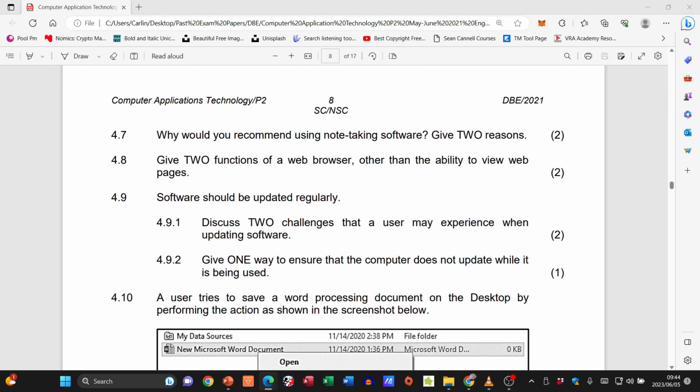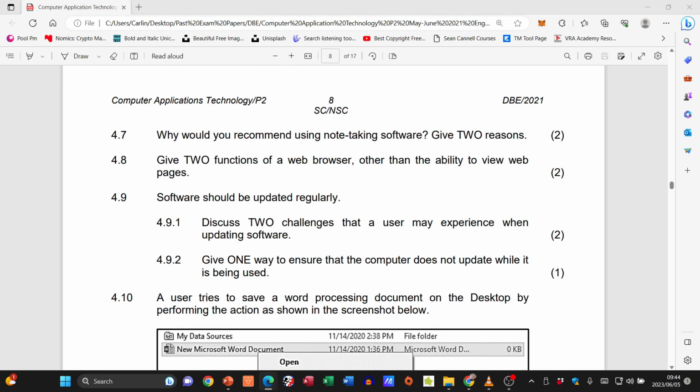Right, 4.9, software should be updated regularly. Just think of the apps on your phone. They should be updated regularly. They want us to look at two challenges that a user may experience when updating their software. Well, you know what happens, why most of you end up pausing your updates, because it takes a lot of data, right? It can sometimes take a bit longer as well. Think of your computer and the automatic updates.